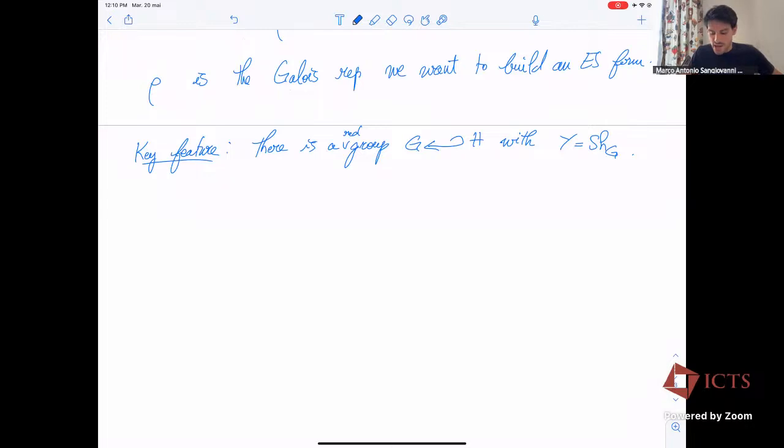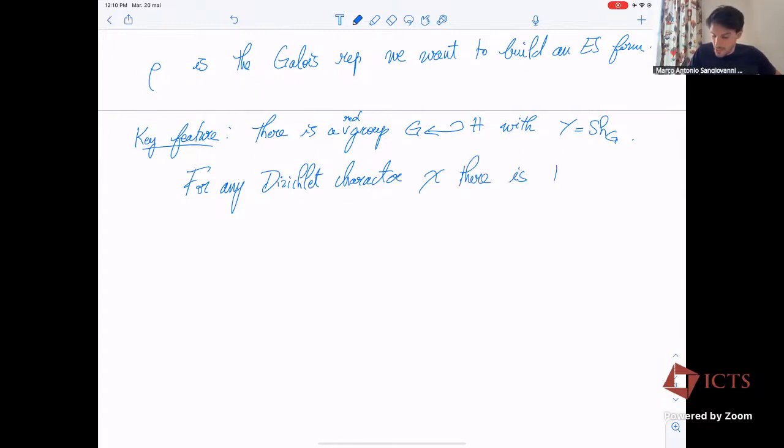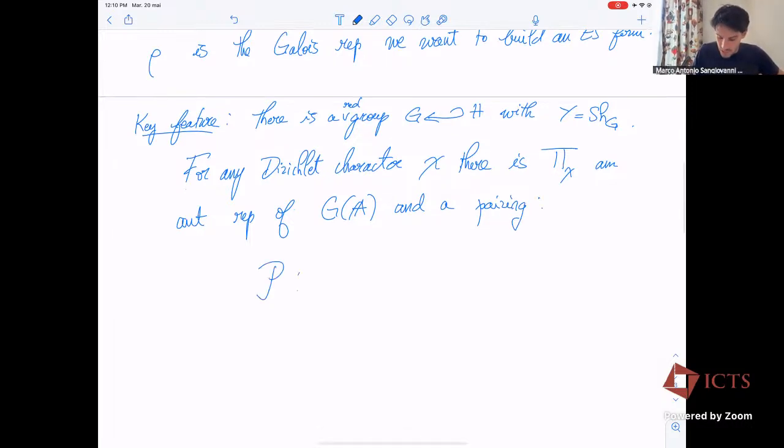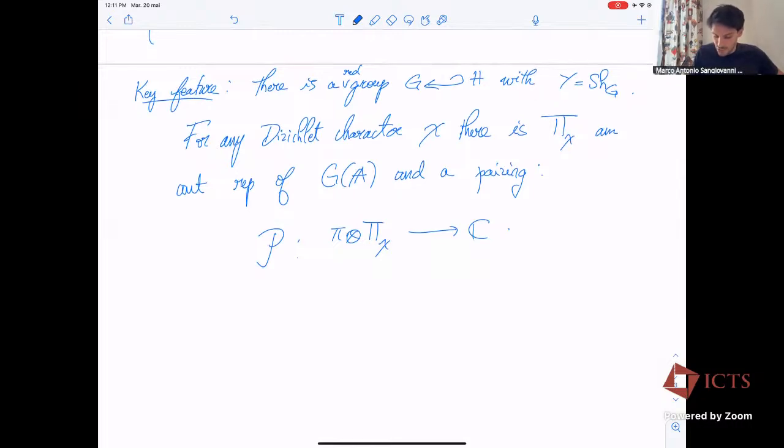Both G and H have Shimura varieties, and I will assume that for any Dirichlet character chi, there is a big Pi of chi, an automorphic representation of G(A), and a pairing, which I will call big P, from pi tensor Pi chi to C, that computes the L-value, in some specific sense.